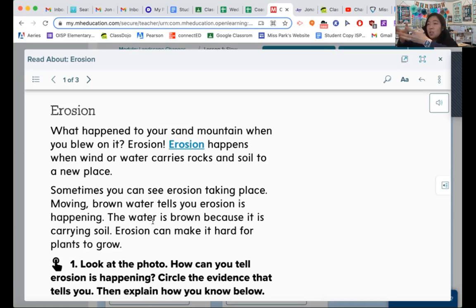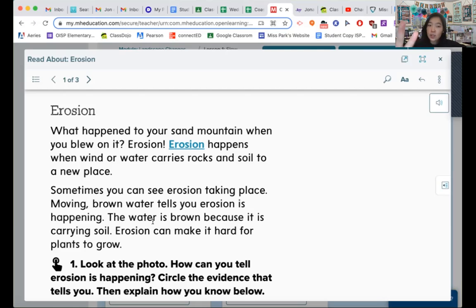And we'll just go like this as we say carries rocks and soil to a new place. One more time. So that's moving. We're moving stuff. Erosion happens when wind or water carries rocks and soil to a new place. One more time. Ready?